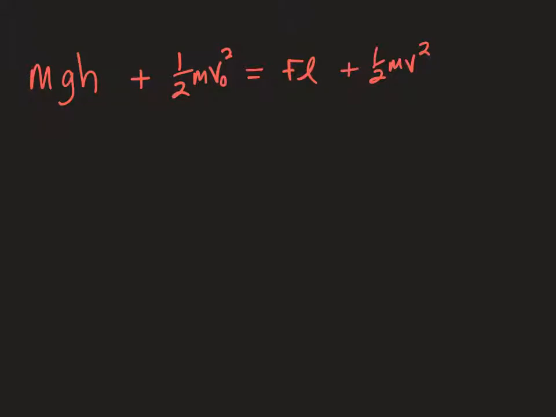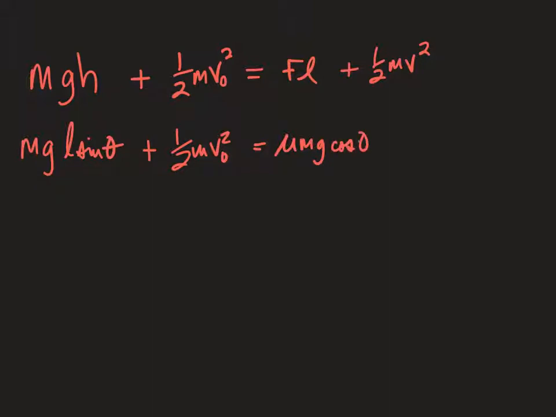Now we're going to make it specific to our situation. And you might recall that the height of the ramp can be related to the length of the ramp and the angle, sine theta. mv naught squared isn't going to change, but friction, we know it's mu n, which is going to be the normal force, and in this case, the normal force is a fraction of the weight. That's what the cosine does.